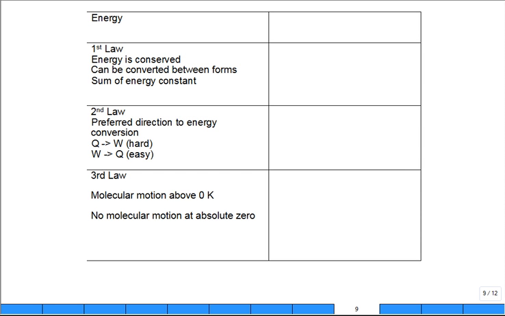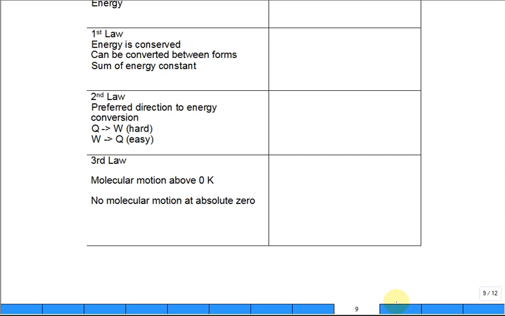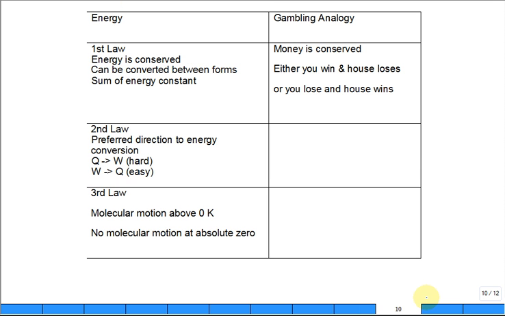So what we do is we say, well, there's got to be an analogy with energy. And energy, a lot of our lives are dealing with money. True? So the analogy goes between gambling, that's money, and money transfer. And it says, first law in gambling is money is conserved. At the beginning of the day, you have so much money.